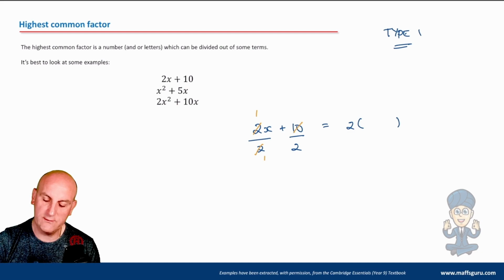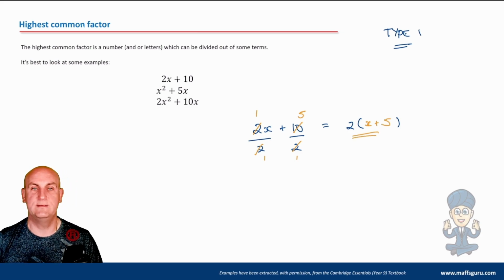And we know that 2's go into 10 5 times and 2 goes into there once. So what we get left with is 1 times x, which is just x. And so that's going to go in there. And what we get left with here is 10 divided by 2 is 5, or plus 5. And there we go. And that, believe it or not, is factorized.